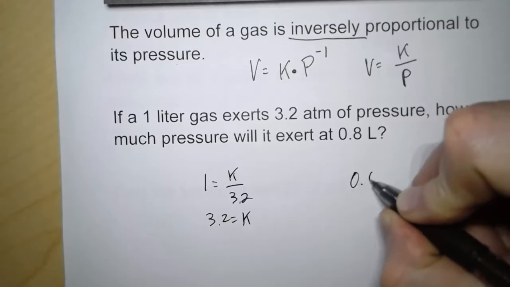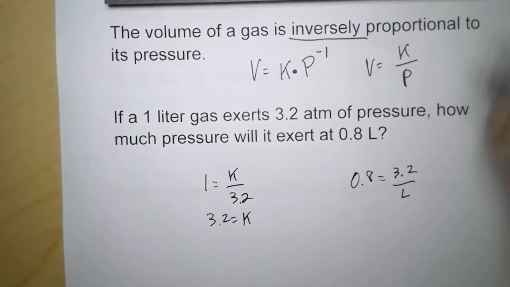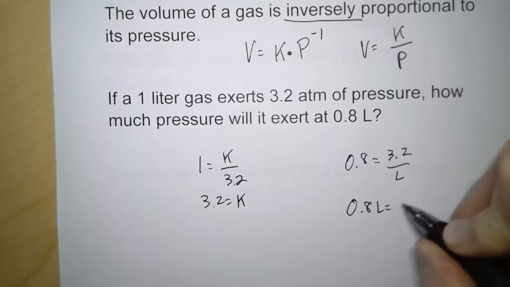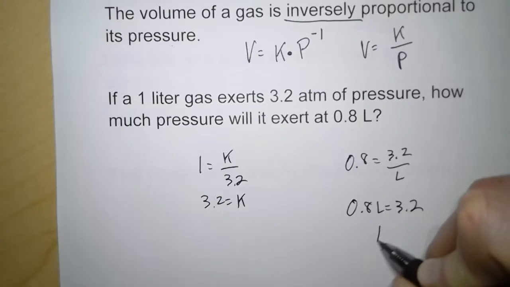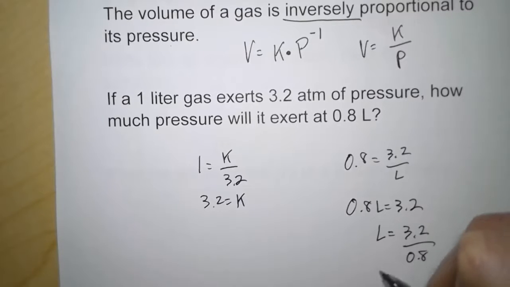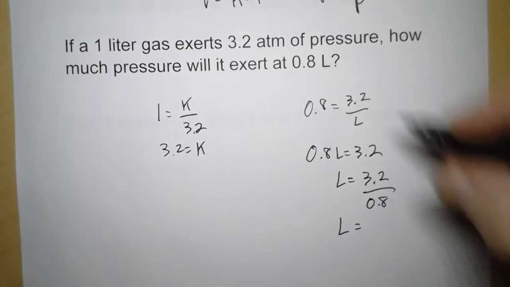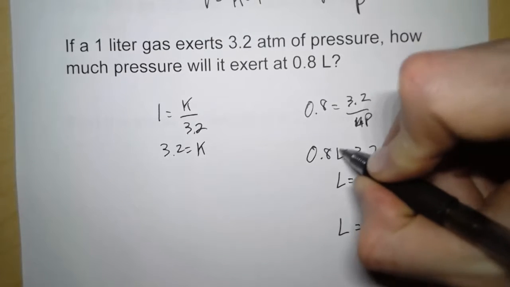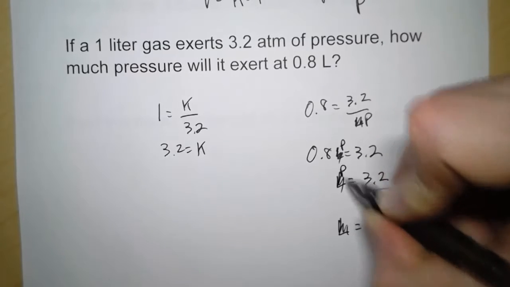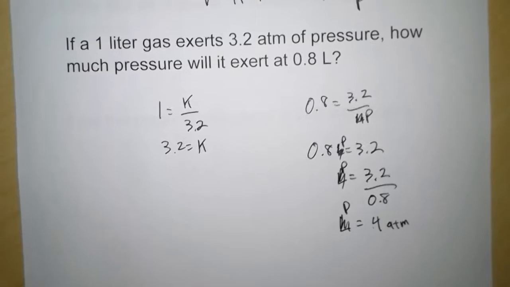So we plug 0.8 in for volume, equals 3.2 over P. So we multiply P to the other side, so 0.8 P equals 3.2. And so P equals 3.2 over 0.8. So P equals 4 atmospheres. That's what our pressure should be.